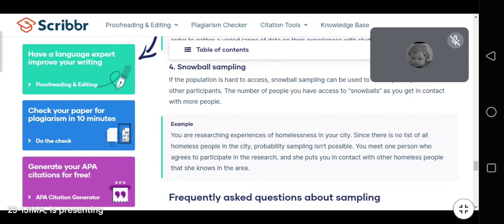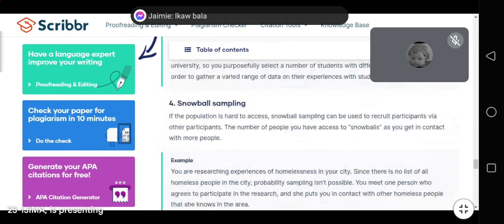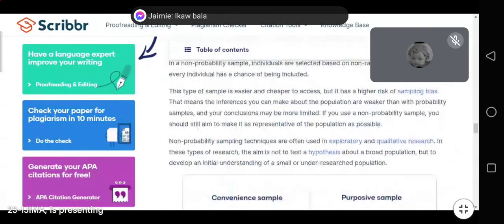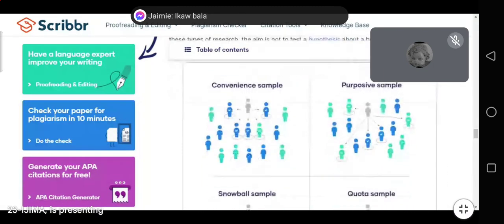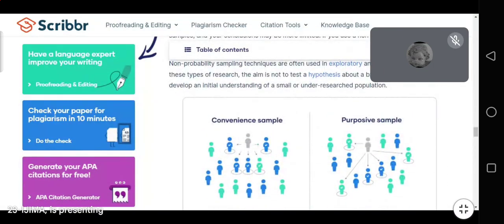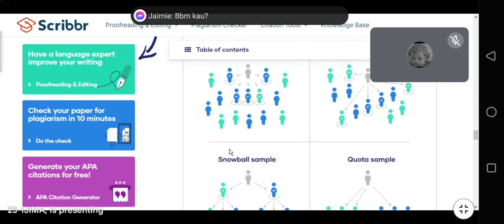She will help put you in contact with other disabled and homeless people that she knows in your city. So that's for non-probability sampling methods. We have four: convenience sampling, purposive sampling, snowball sampling, and quota sampling.